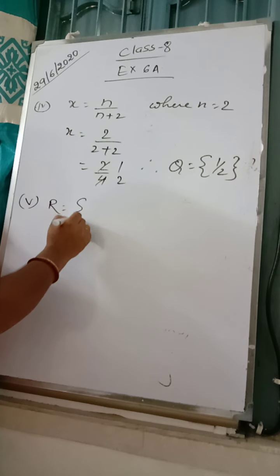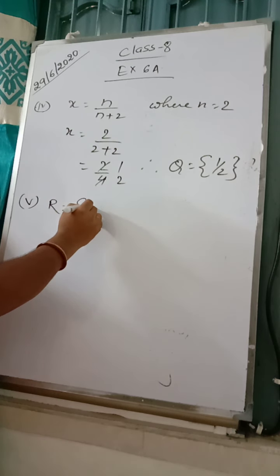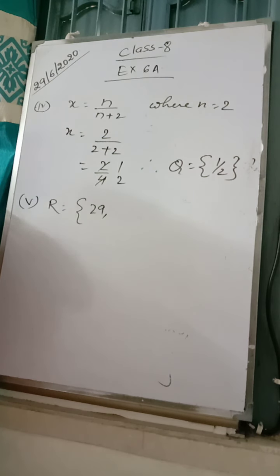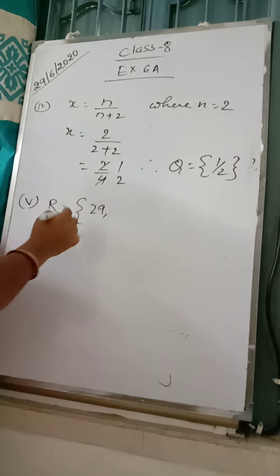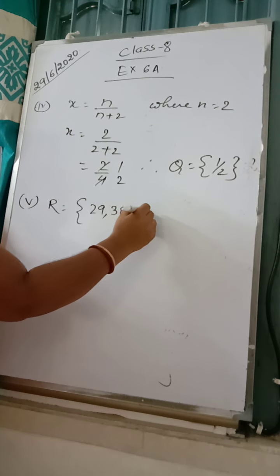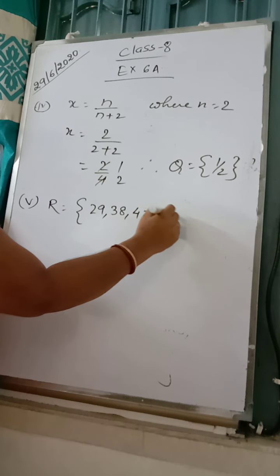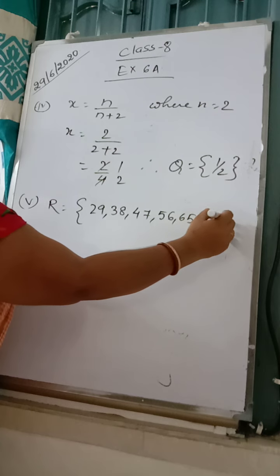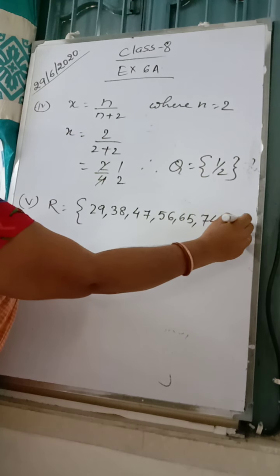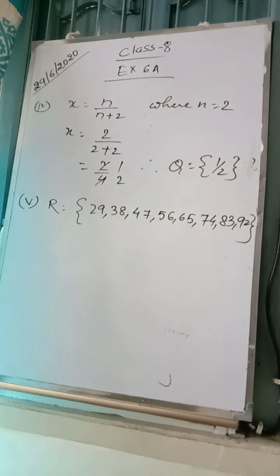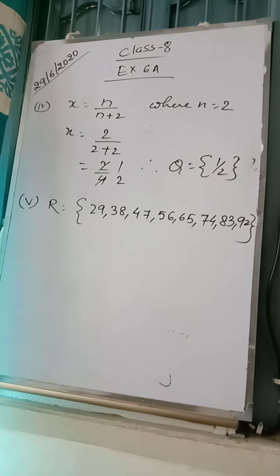First of all, 2 and 9 is 11, 2-digit number, so we cannot make it 1 and 10. 29, 38, 47, 56, 65, 74, 83 and 92. These are the 2-digit numbers whose sum is 11. So this is from exercise 6A.